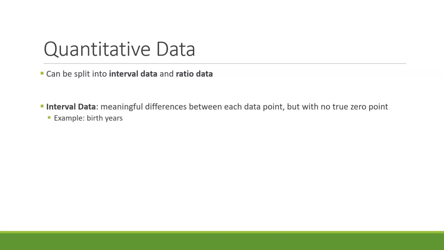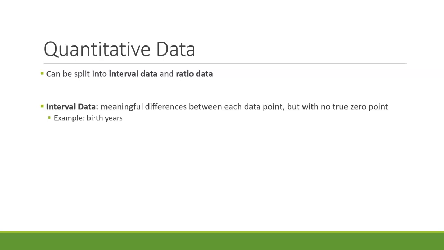So interval data means that there is a meaningful difference between each data point, but there's no true 0 point. So the example here are birth years. So if you were born, let's say in the year 2000, you are not half the age of someone born in the year 1000.